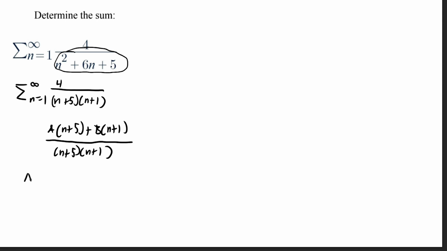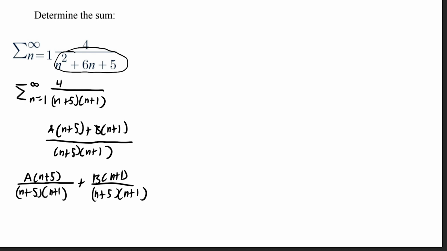So we'll have a times n plus 5 over n plus 5 times n plus 1, plus b times n plus 1 over n plus 5 times n plus 1. And as you can see now, we can cancel these. And that leaves us with a over n plus 1 plus b over n plus 5. And so now all we have to do is find a and b.